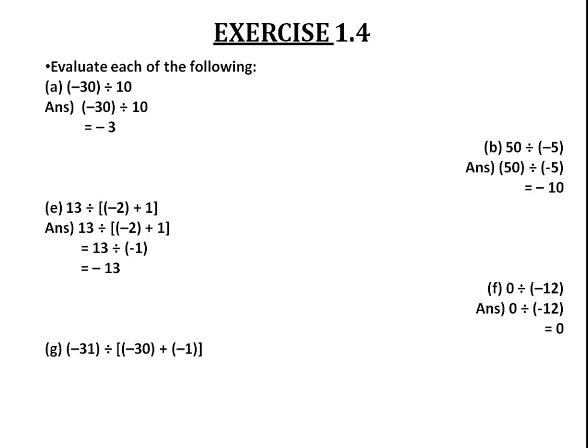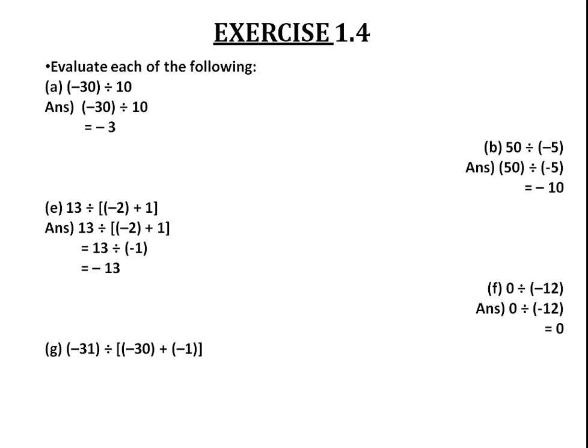Read the question. Negative 31 divided by negative 30 plus negative 1. First, do whatever you are asked to do inside the bracket. Negative 30 plus negative 1. Addition rule. Both the numbers are having negative sign. So, you will add.